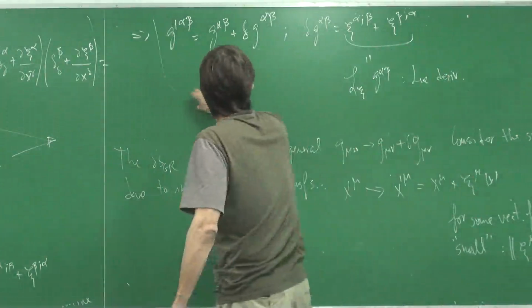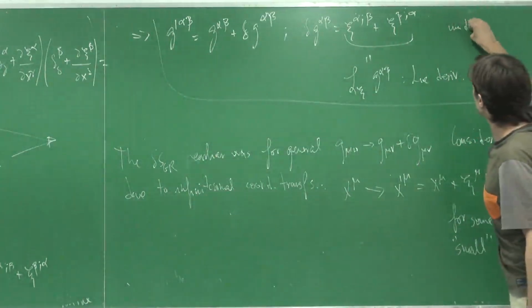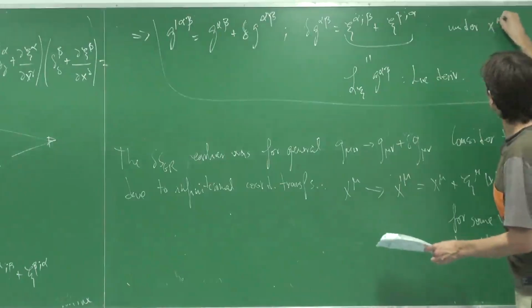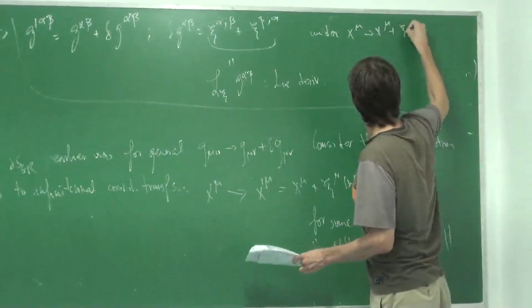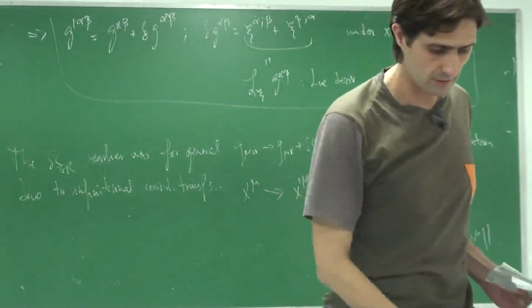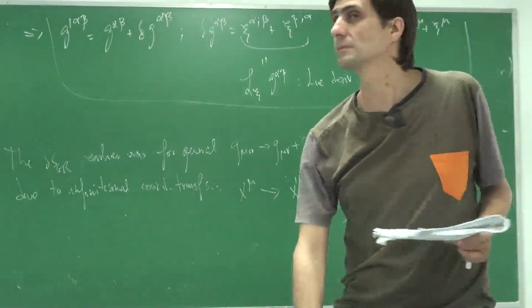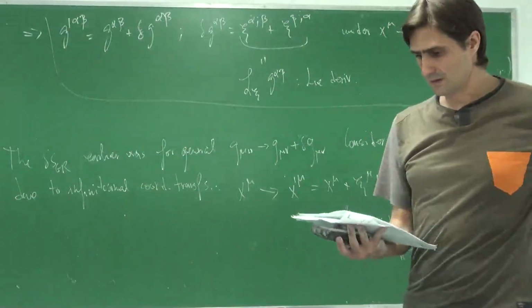Okay, so this is the way the metric transforms under infinitesimal coordinate transformations. So that's an important result. Any questions about this?